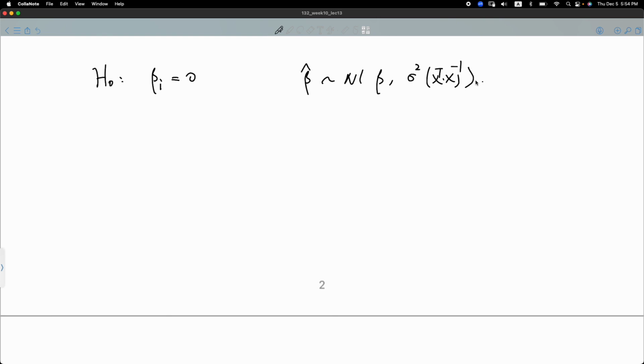Okay, so first let's do another transformation to get one of the indices from your p-dimension vector. So here, let's first define a column vector called A, which is defined as a vector of 0, except that the ith entry has a 1.